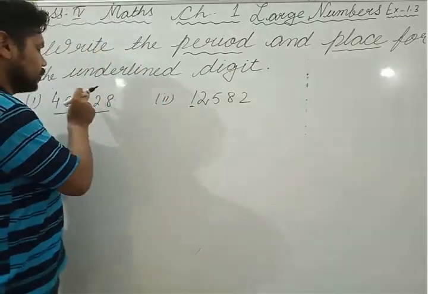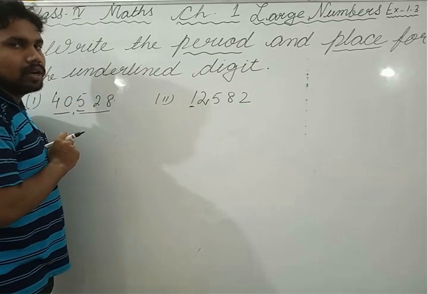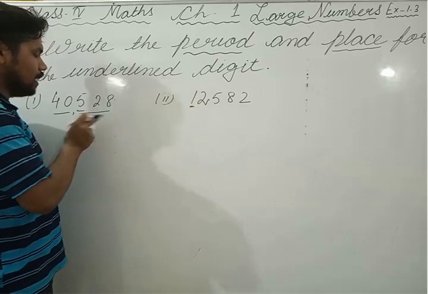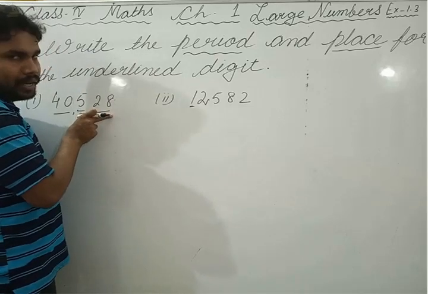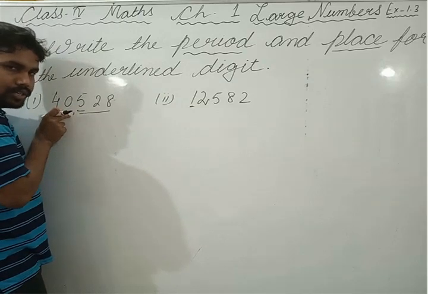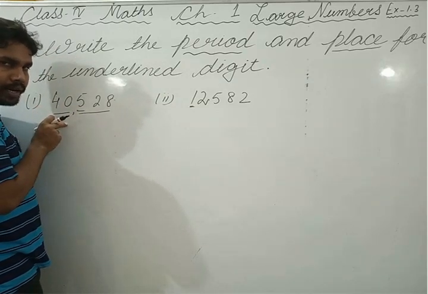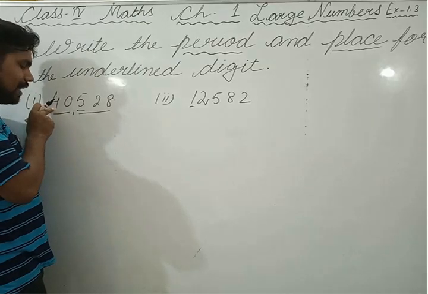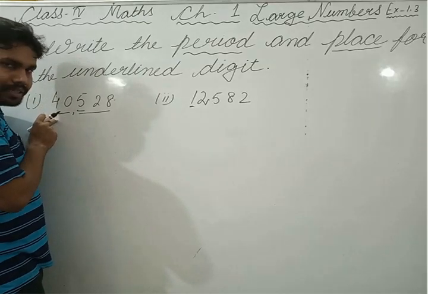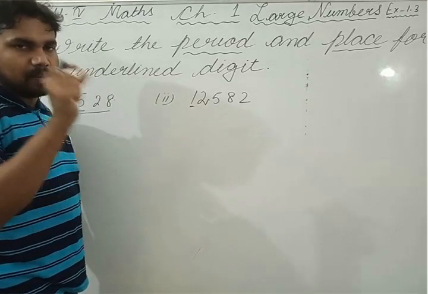Here the 5 is in the ones period but hundreds place, because all three of these are in the ones period and these two are in the thousands period. So 4 is in the thousands period, but if it is asking about place, then it is in the ten thousands place. Don't be confused between period and place.